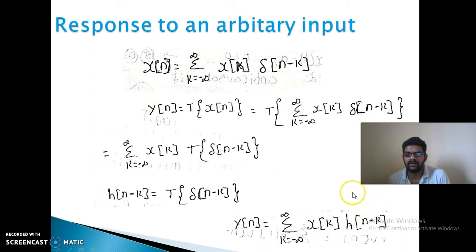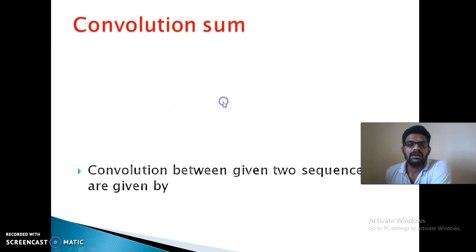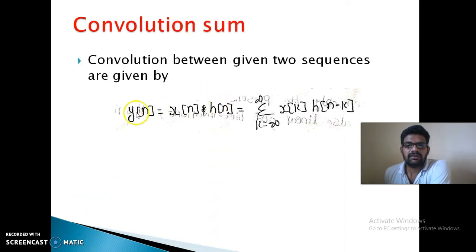So the output of a discrete system is the convolution sum of x of n with its impulse response. The convolution sum of two sequences is y of n equal to x of n convoluted with h of n.